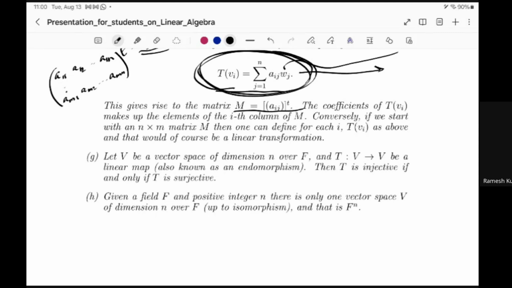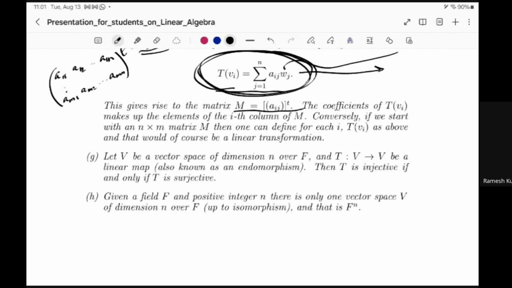You just have to know that if you want to check if T is injective and it happens to be an endomorphism, and also it happens to be a finite dimensional vector space, then say for some reason you are stuck, you cannot prove that it is injective, then you can try proving that it is surjective. If you are successful in doing that, then it would also imply that it is injective. So it is injective if and only if it is surjective, as long as this linear transformation is an endomorphism and it is finite dimensional.